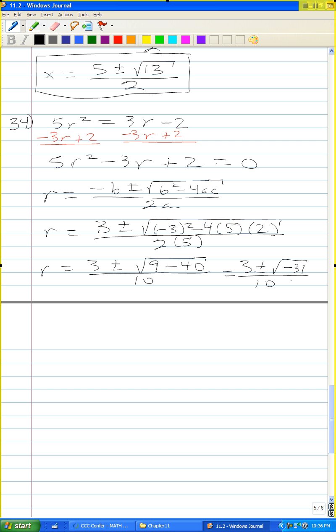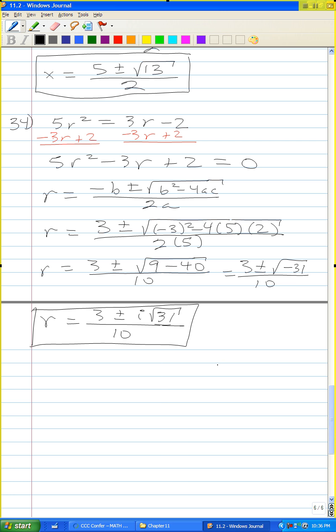And so the square root of a negative number, we'll just introduce i. And so I get 3 plus or minus i radical 31 over 10.